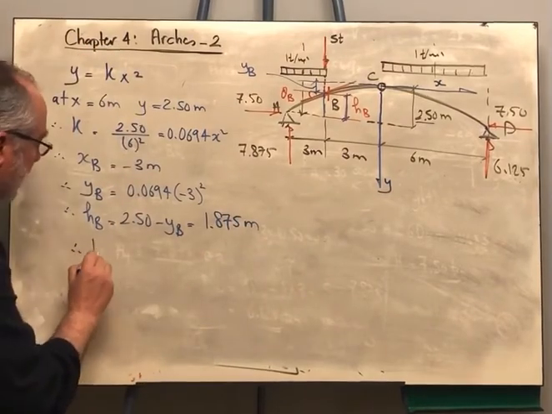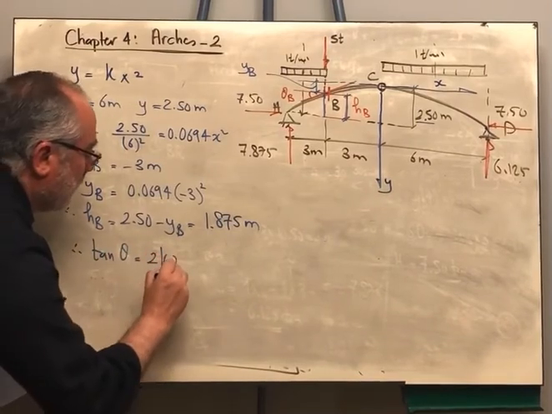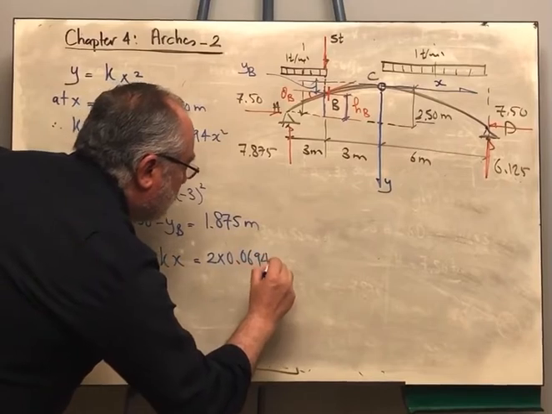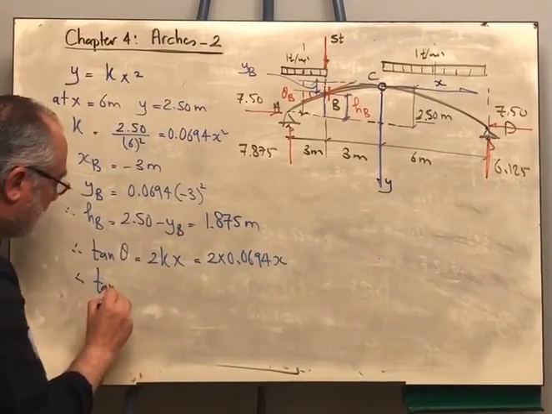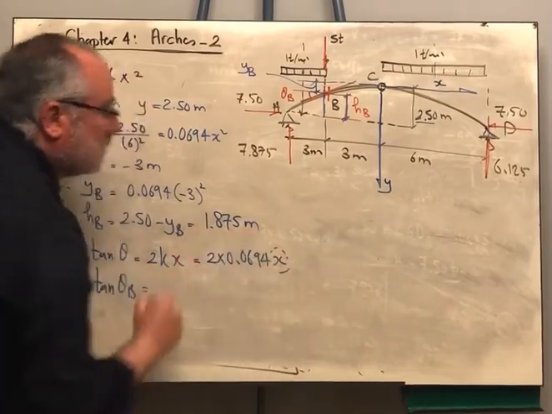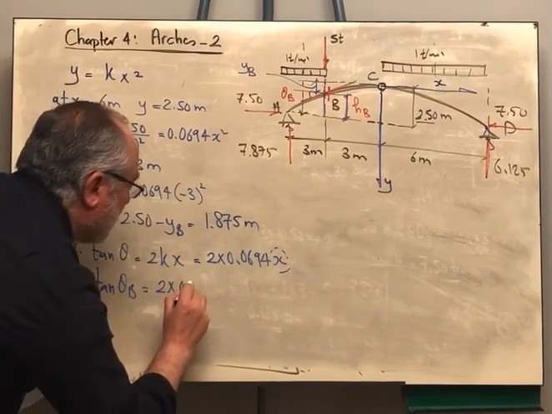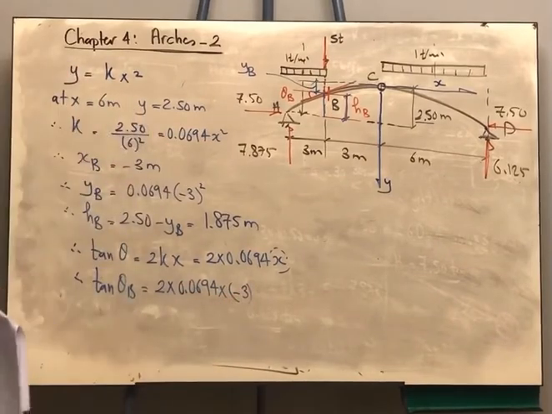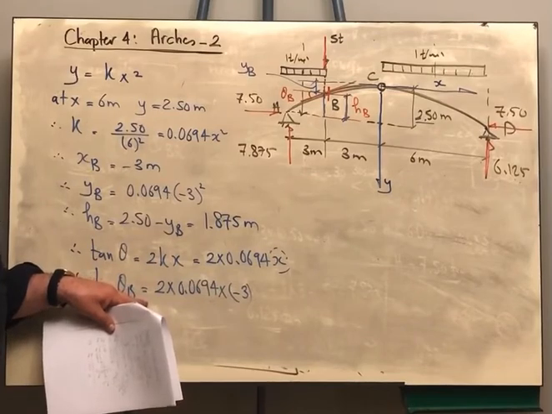Okay, tan theta is equal to 2k multiplied by x, which is 2 multiplied by 0.0694 multiplied by x. Therefore tan theta b: now substitute x by -3. This will be 2 multiplied by 0.0694 multiplied by -3. Keep the negative sign in the calculator and the calculator will give you a negative angle.